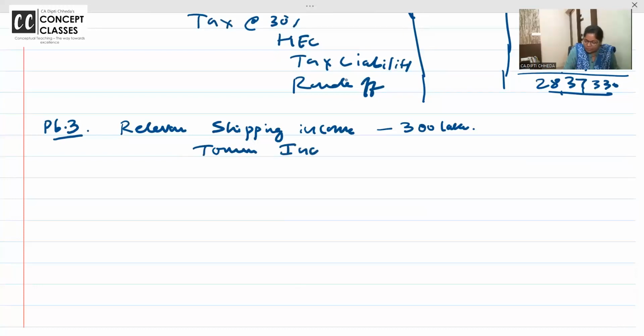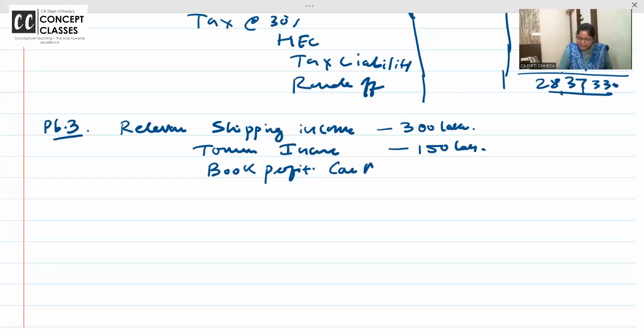Tonnage income, you pay the tax on tonnage income, that is 150 lakhs. And your book profit from the core activities, इसका 20% आपको reserve create करना है, is 400 lakhs.